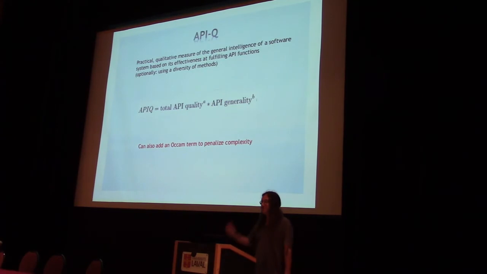And then you could ask, what's the breadth? You don't want to reward a system that does well on only one type of question and fails on everything else. But you want to reward something that does well on average and also has its quality spread reasonably across many different types of questions. So the average quality and the breadth. And of course, you could also reward a system for being simple and not too complicated.